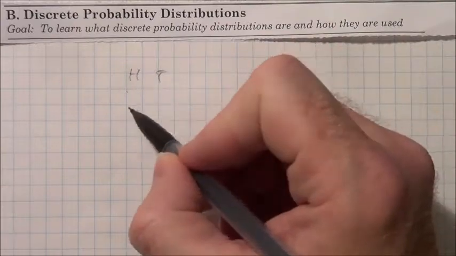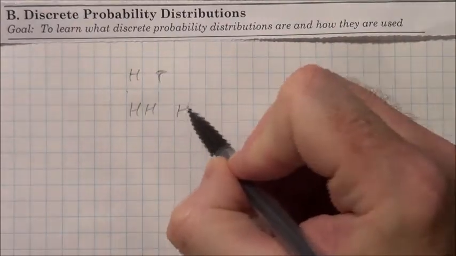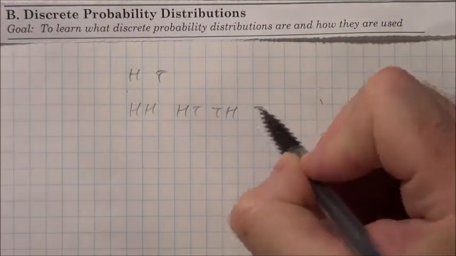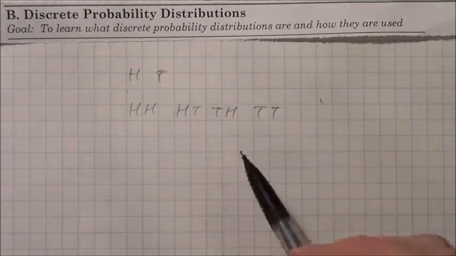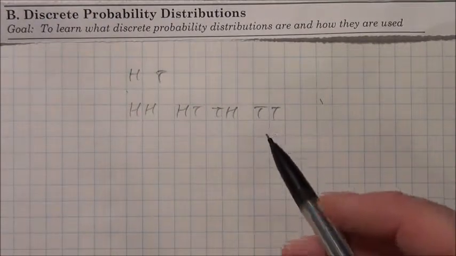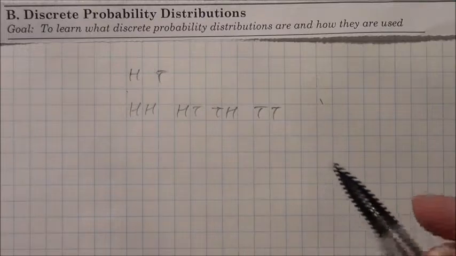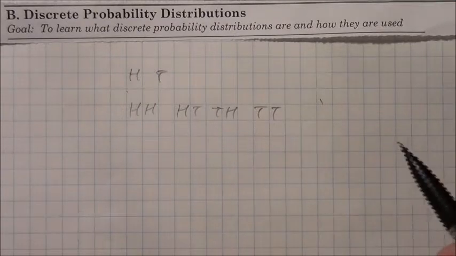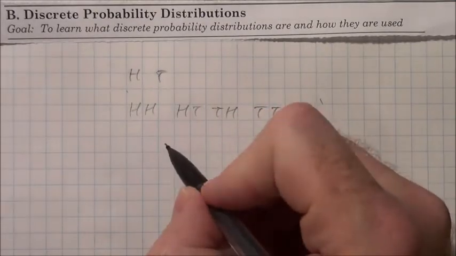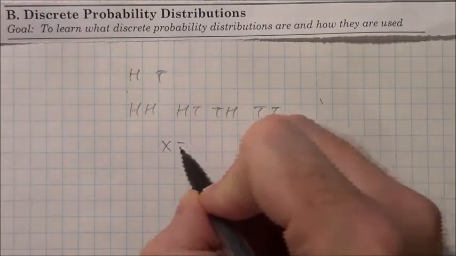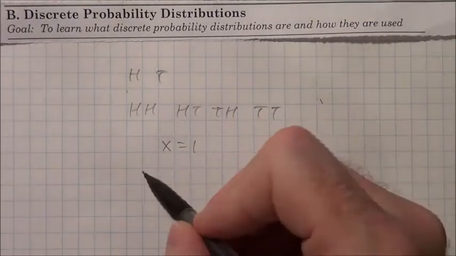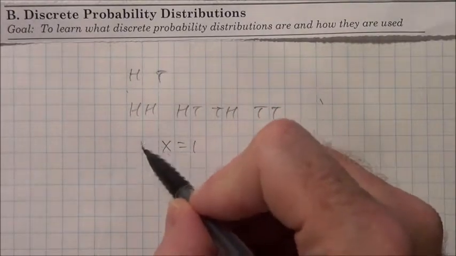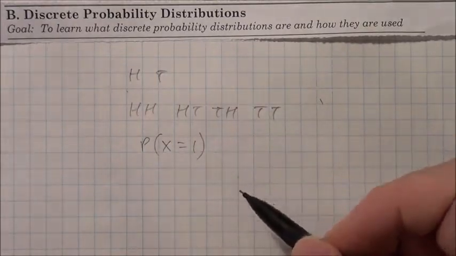We'd have head head, head tail, tail head, and tail tail. So if we were interested in, for example, the probability that one head occurred, then we would say that x equals 1. So we're finding the probability of x equals 1.